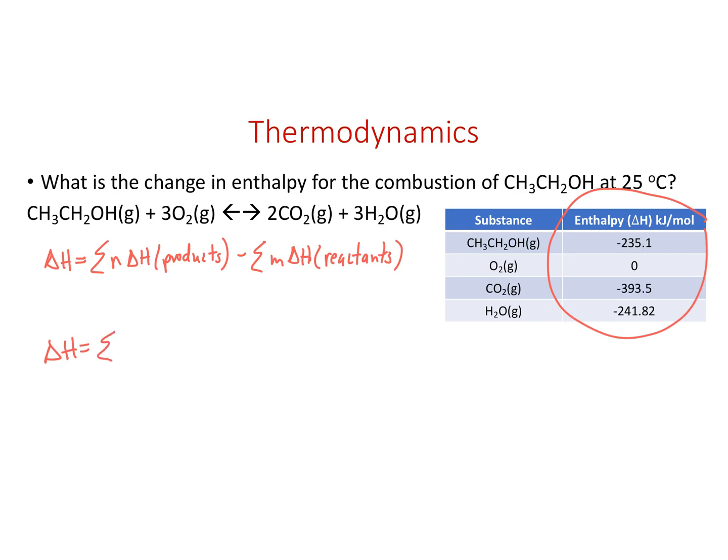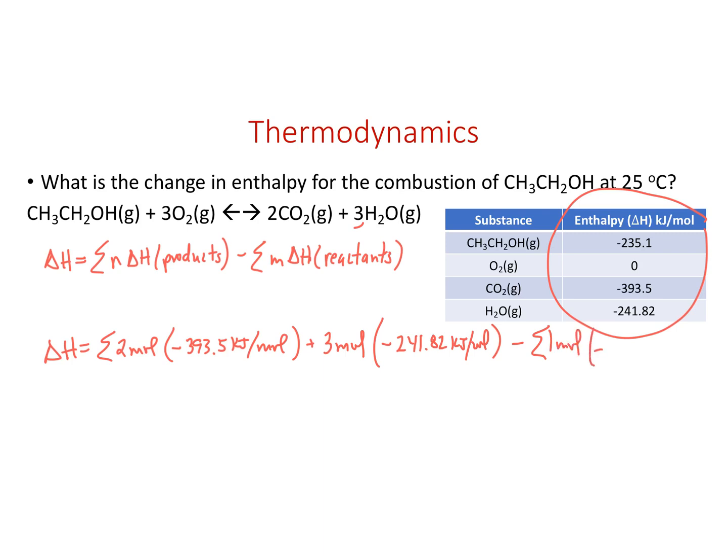So again, for our summation, I have 2 moles of carbon dioxide, and the enthalpy of that is minus 393.5 kJ per mole. Plus I have 3 moles of water at an energy of negative 241.82 kJ per mole, minus the summation of, I have 1 mole of ethanol at negative 235.1 kJ per mole.